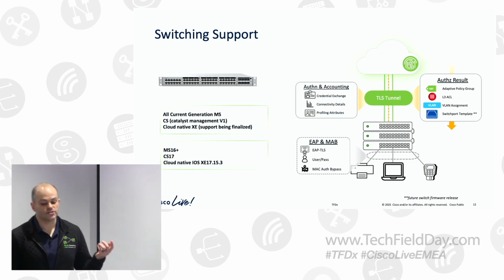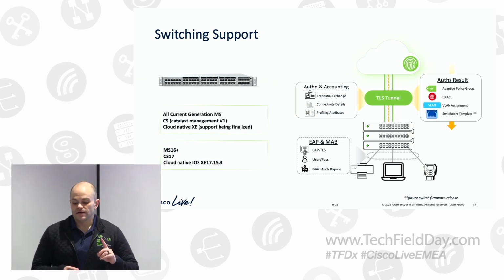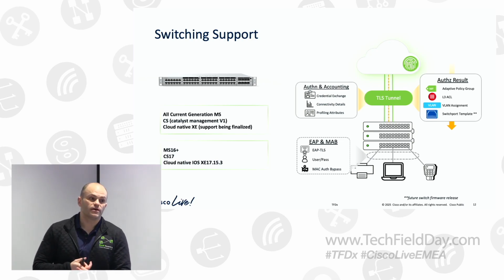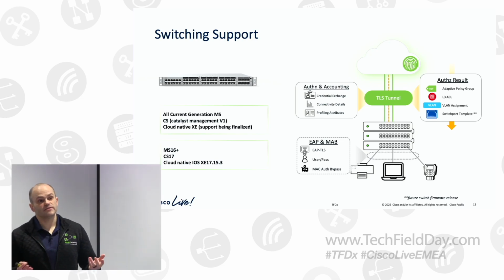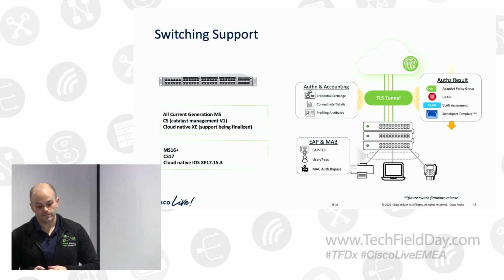And from an authorization result, it's fairly straightforward: SGT, ACL, VLAN assignment. We're going to be supporting switch port templates or interface templates so that you can also automate configuration. You could do MAC auth and still automate the port config, or have full .1x, making sure that your network's locked down, but you still get a lot of that automation and capability.